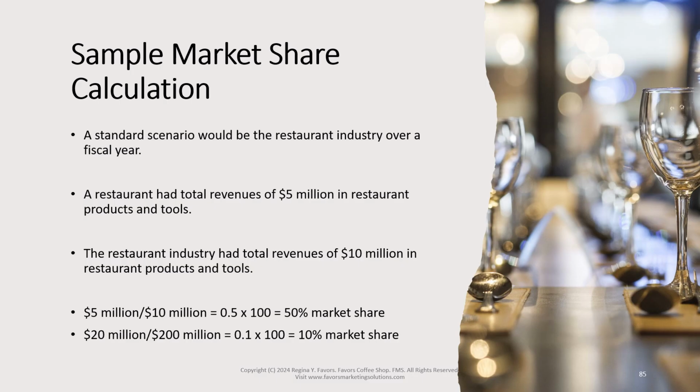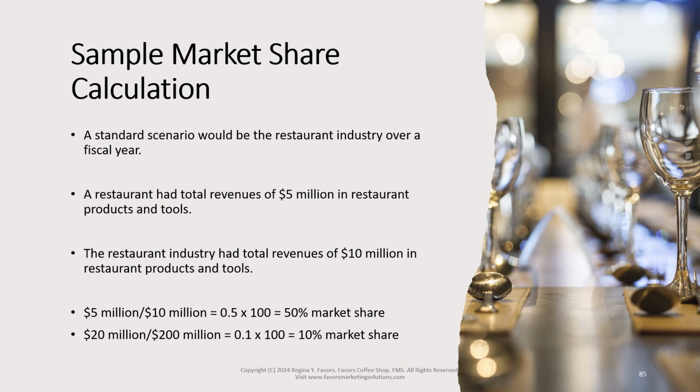All right, sample market share calculation. A standard scenario would be the restaurant industry over a fiscal year. A restaurant had total revenues of 5 million in restaurant products and tools. The restaurant industry had total revenues of 10 million in restaurant products and tools. Math-wise, 5 million over 10 million equals 0.5 times 100, so that restaurant had 50% market share.